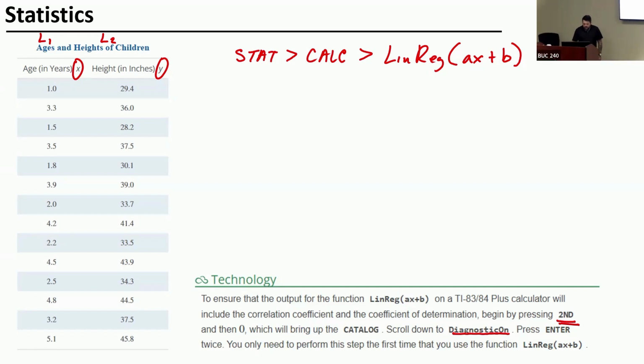Notice it gives you an R right there at the very bottom. You're always going to round to 3 decimal places when going to R. That is the rounding rule for R. So for this one right here, notice you get a positive 0.980. Now tell me, knowing what I just told you about the linear lines between -1 and 1, would this be a positive slope or a negative slope?